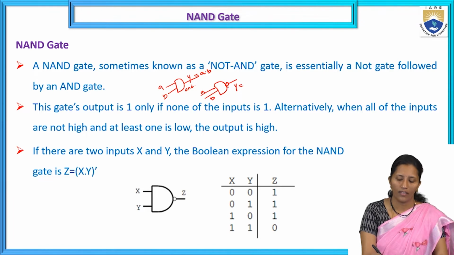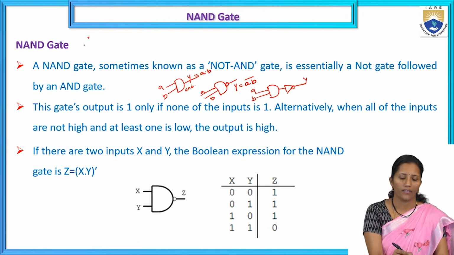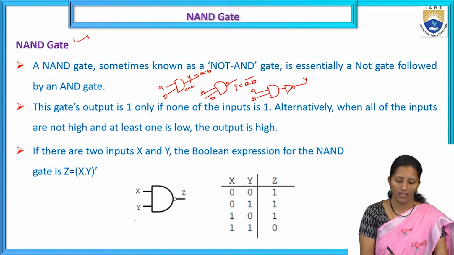Here in this output we have to get (A into B) whole bar, because it is equal to the AND gate followed by the NOT gate. So the AND gate output we are inverting, and that is equal to the NAND gate function. So this is the symbol for the NAND gate.